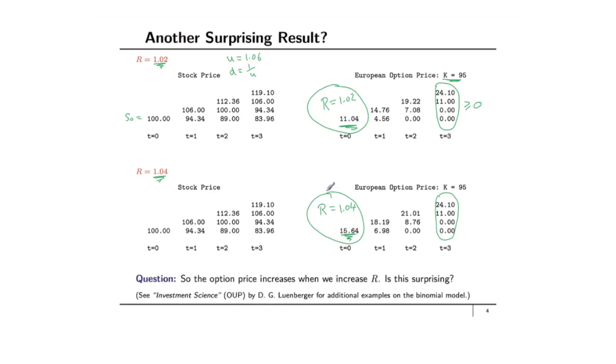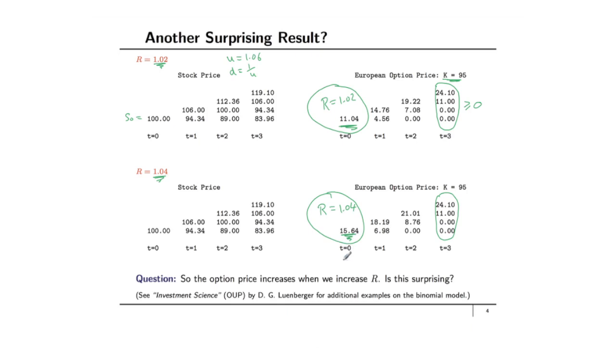Now this is a little bit surprising, because what we've done here is compute the value of this cash flow by computing its value today, at T equals 0. And we've discovered that when we increase the interest rate, the option price increases. That is totally against what you would see in a deterministic world.